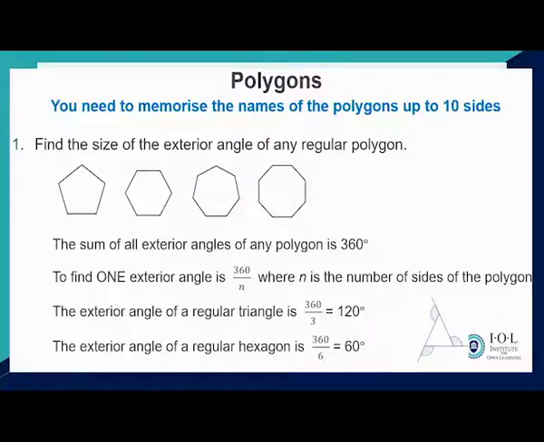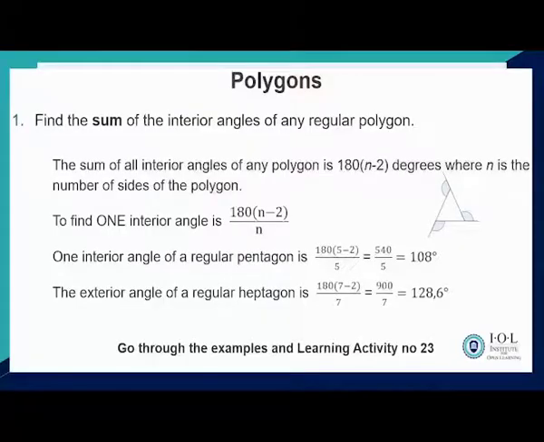If I give you one angle, you say 360 divided by the angle gives you the number of sides. So the question can be both ways. 360 divided by the angle gives you the number. 360 divided by the number gives you the angle. It's like 12 divided by 3 is 4, or 12 divided by 4 is 3. So let's see the sum of the interior angles of any regular polygon.